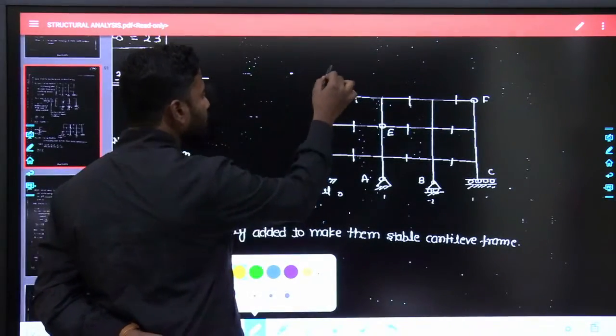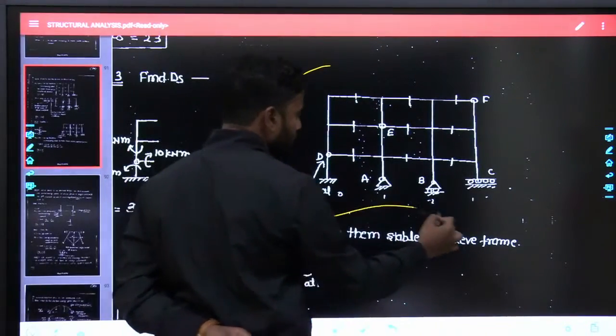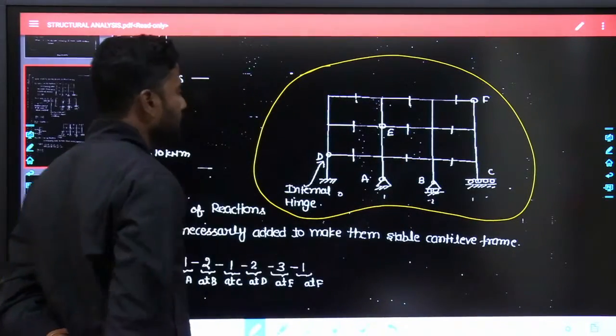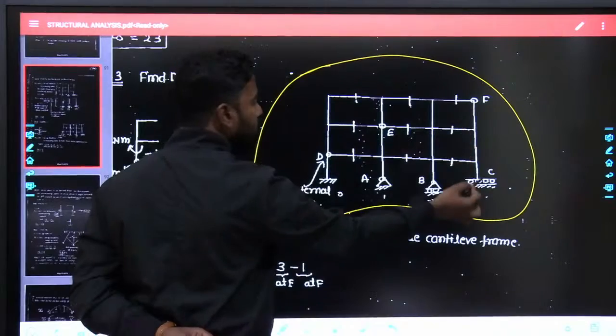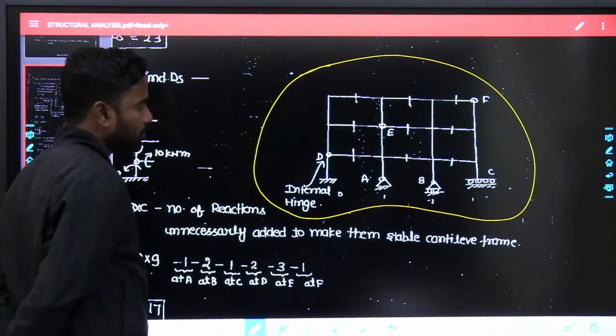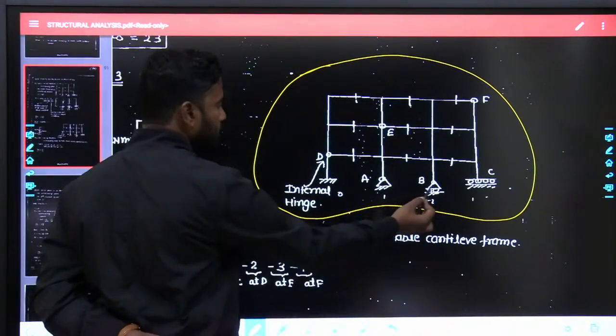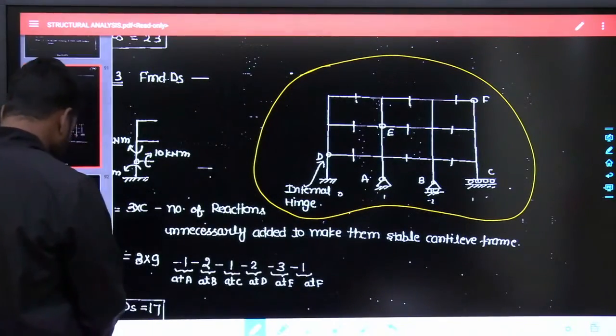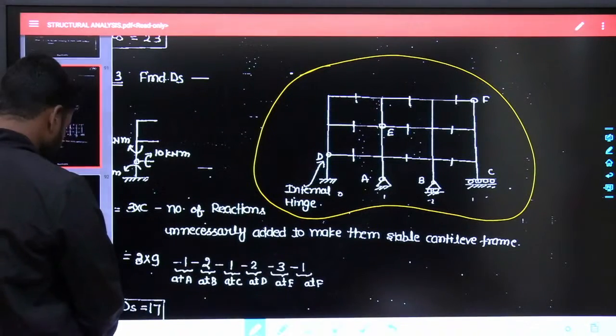If you can solve this question, try to find out static indeterminacy for this frame. These are internal hinges and this is an axial thrust release type of thing. This is hinge support, this is roller support. So how exactly this will look like is fine.